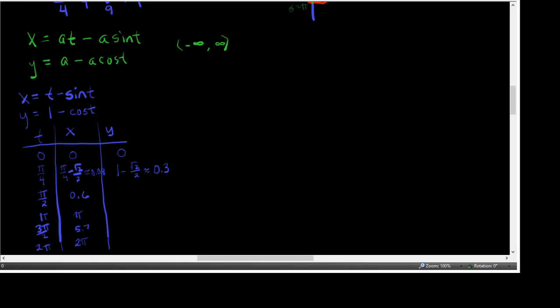All right, what are the y values for pi over 2? That's 1. For pi, it's 2. For 3 pi over 2, it's 1. And for 2 pi, 0.